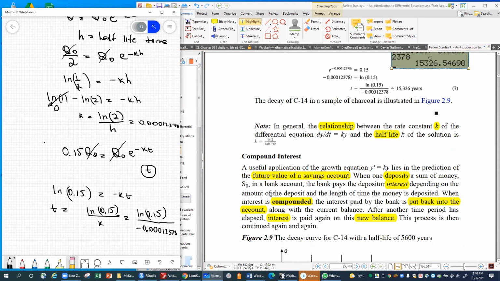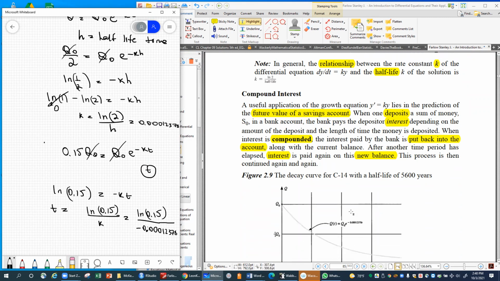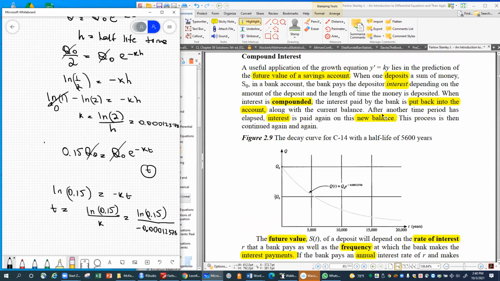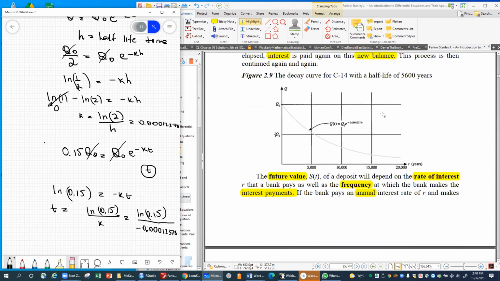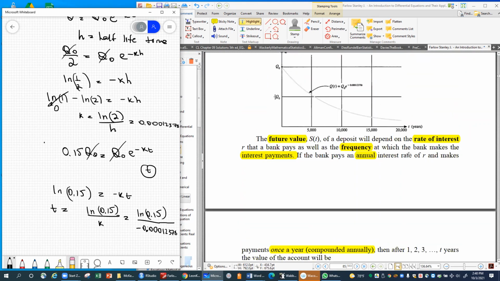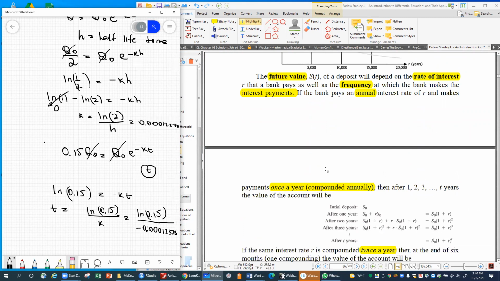If you deposit a sum of money S0 in a bank account, and there is interest depending on the amount in the deposit, that's a compounded kind of account, then you get this exact kind of dependence, okay? So that way you can get future value depending on the rate of interest the bank pays and the frequency at which you get this interest payment.